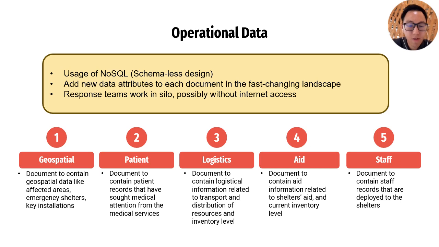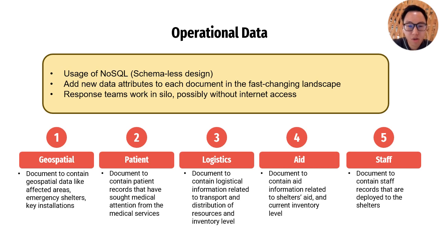Similarly, we have five different documents that can utilize operational data. For geospatial, we're more towards the geospatial data that we collect, for example, affected areas, where the shelters are, where the key installations are. For the patient document, it's more towards the records of the patient, so their medical history, if they sought medical attention, for example.